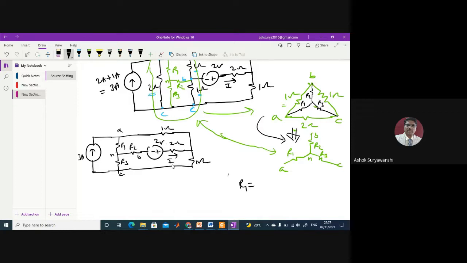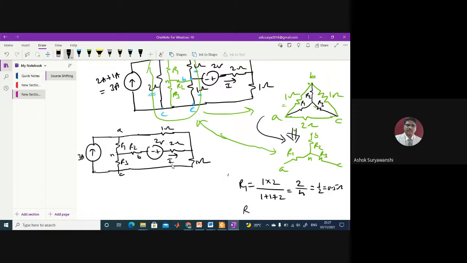So the value of R1, if this is R1, is the product of two adjacent from delta, that is 1 into 2, divided by the addition of all three delta elements, that is 1 plus 1 plus 2. That is 2 by 4, which comes to half, that is 0.5 ohms. That is the value of R1.